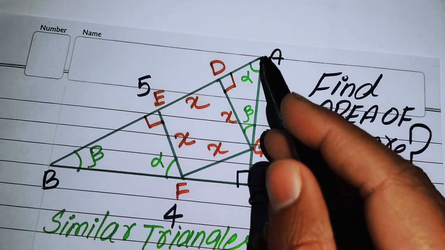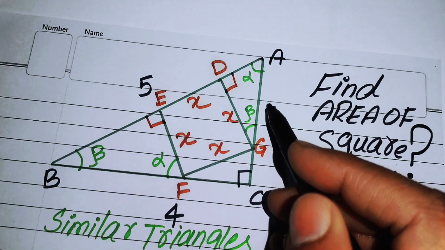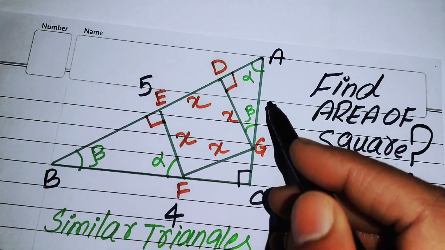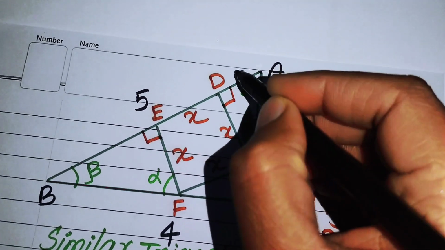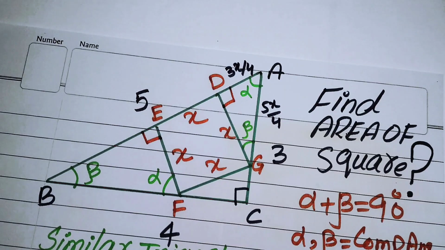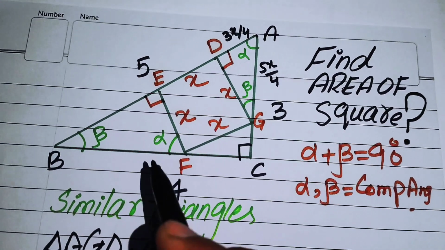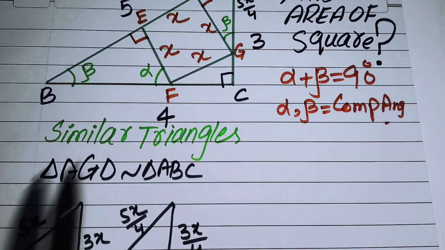So if you focus on ADG, this is the hypotenuse, so the value of the hypotenuse is 5x over 4. So I can write here, this side is 5x over 4 and this side is denoted by 3x over 4. And similarly you focus on the triangle EBF.